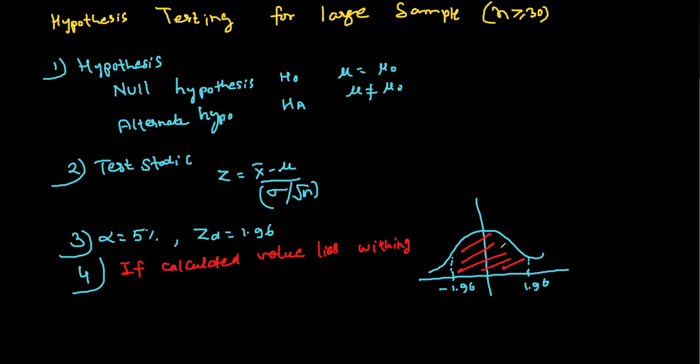Critical region or acceptance region, any one you can say. And this is called the critical value. Sorry, this is called the critical range or critical region, or you can say acceptance region.